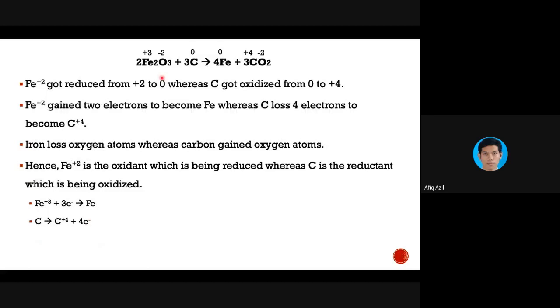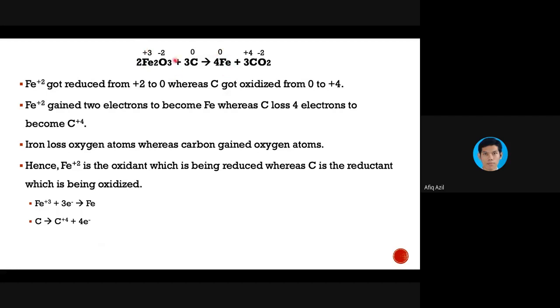Another example involving iron oxide, iron trioxide, and also carbon. The iron originally has oxidation number 3 and goes to 0. So that means it is being reduced, from positive 3 to 0.